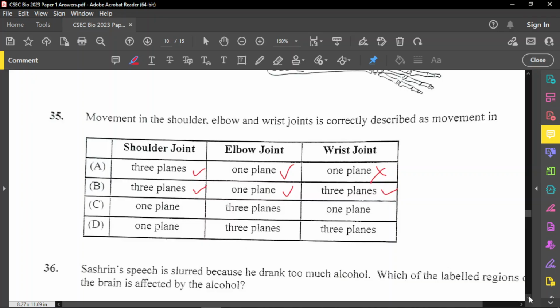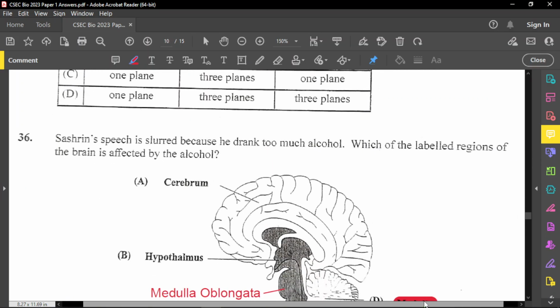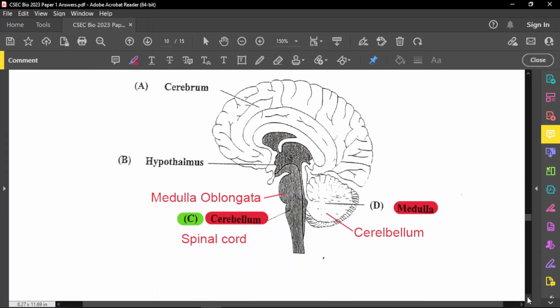All right, so question number 36. Shashring's speech is slurred because he drank too much alcohol. So which of the labeled regions of the brain is affected by the alcohol? And this diagram also has an arrow. Here we know that this is the cerebrum.